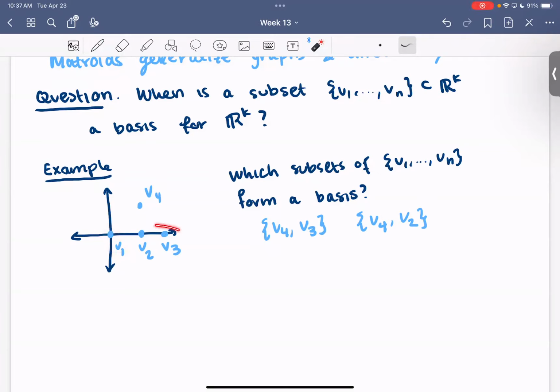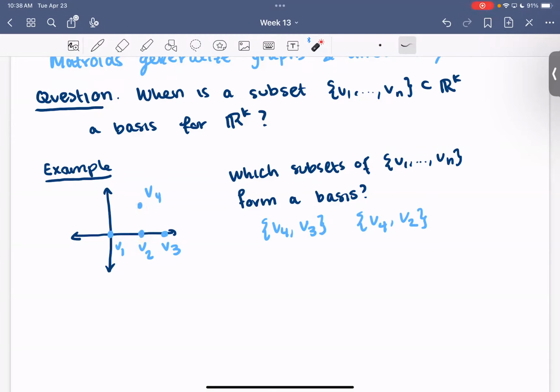We can never include both v2 and v3, because one is a scalar multiple of the other, so they are linearly dependent. Our basis needs to have size 2 because we're in R^2. So the only possibilities left are v2 and v4, and v4 and v3.